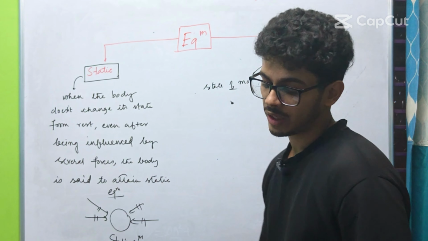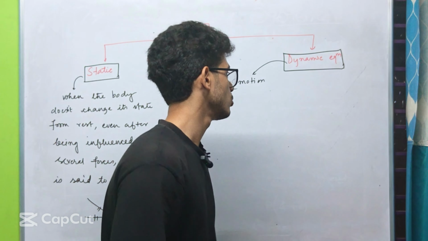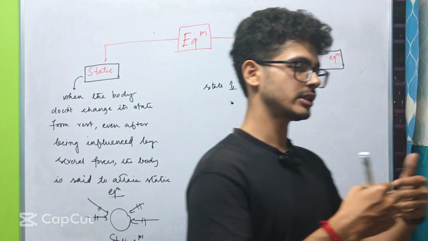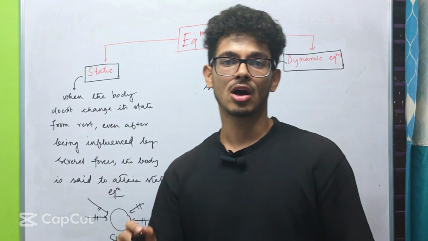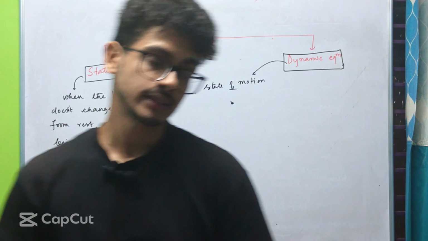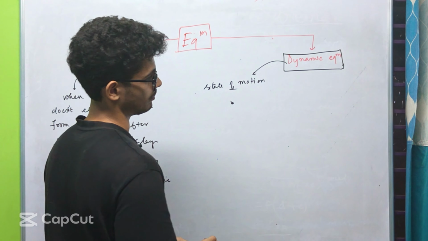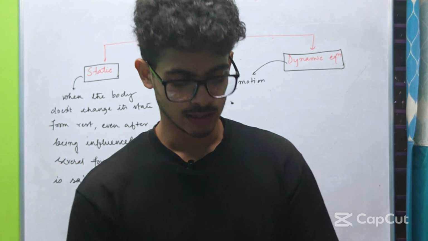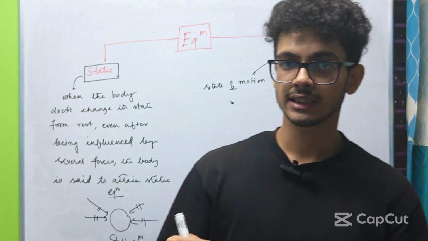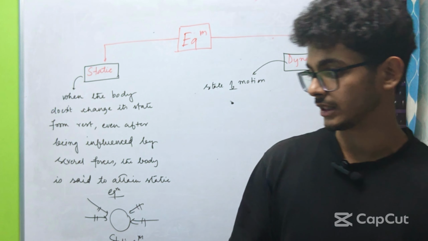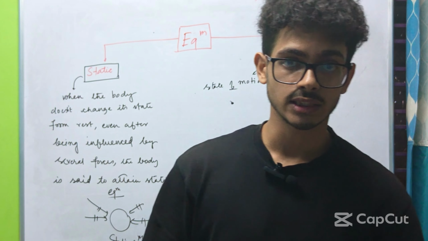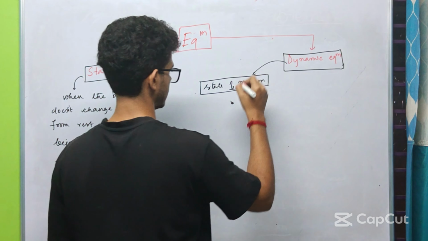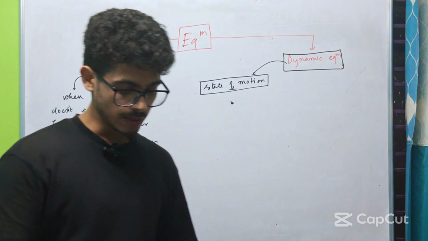We have observed that even after applying several forces the body continues to move in the same direction with the same velocity v without showing any response to the forces being applied. Then we call it dynamic equilibrium. If the forces are not balanced, then the body would have increased or decreased its velocity or would have changed its direction of motion. So the body has shown no response to the application of the forces. So we call it dynamic equilibrium.